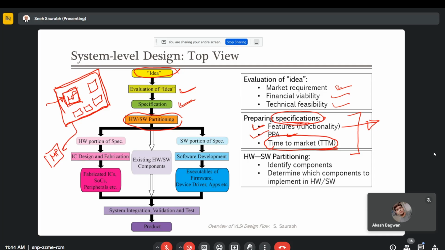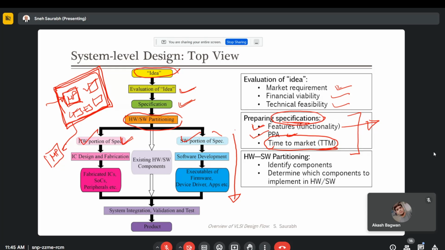So the specification is partitioned into a hardware portion and a software portion. The software portion runs on a general purpose microprocessor, and that software goes through the software development cycle, right? For the hardware portion, for example, if we are saying that we'll have this kind of memory and this kind of accelerator in the chip we are designing, then we need to prepare an individual specification for each part that we will make in hardware, right?